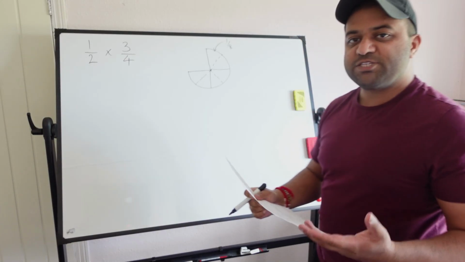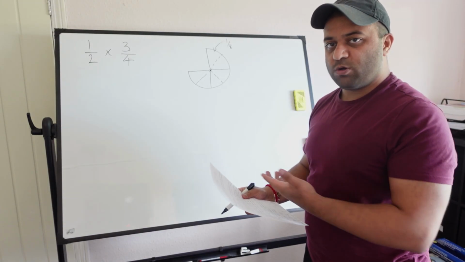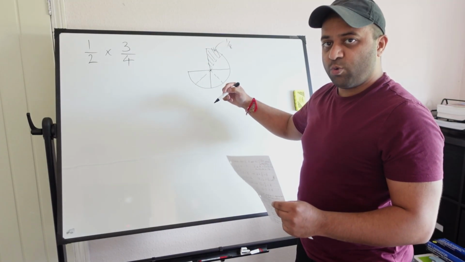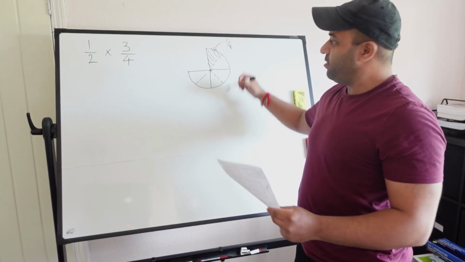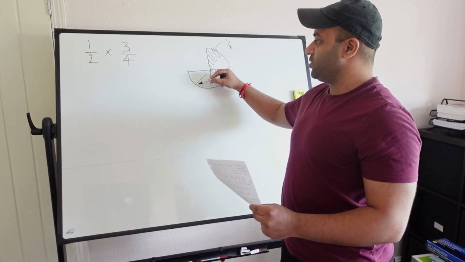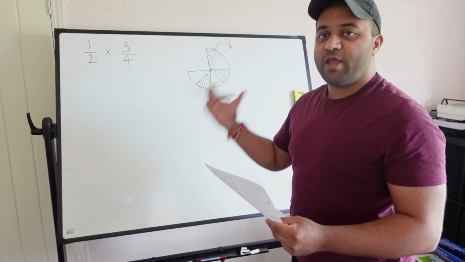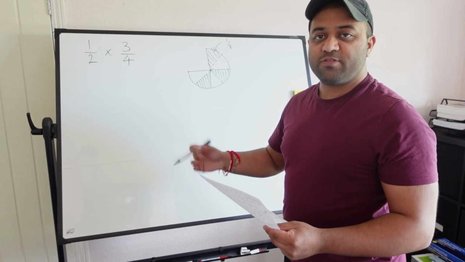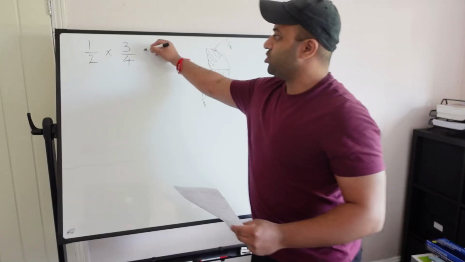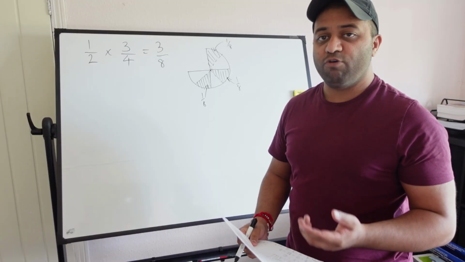By splitting the 3/4 into half of each of these quarters, we can see that the first quarter halved is a 1/8, the second quarter halved is another 1/8, and the third quarter halved is another 1/8. So that's 3/8 in total. So we can visually see that this answer must be 3/8.